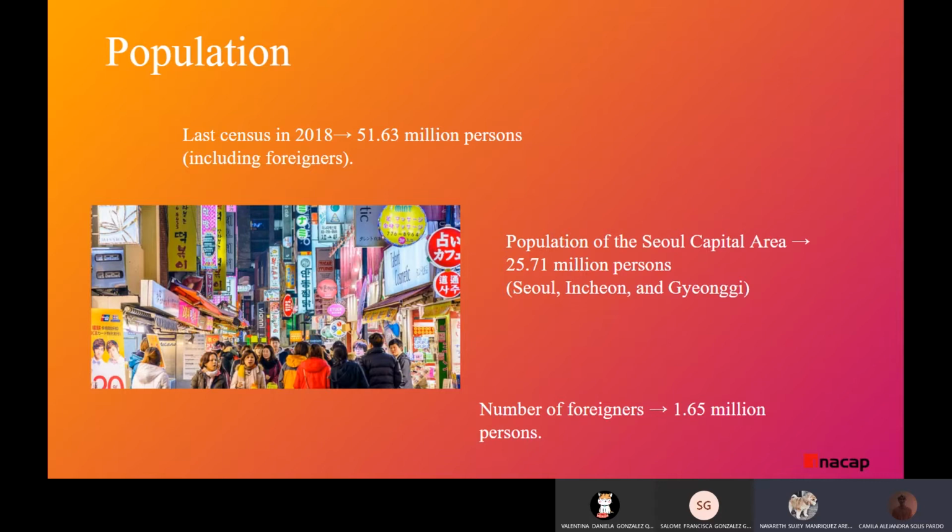The population in the Seoul capital area was about 25.71 million persons. This includes Seoul, Incheon, and Gyeonggi.